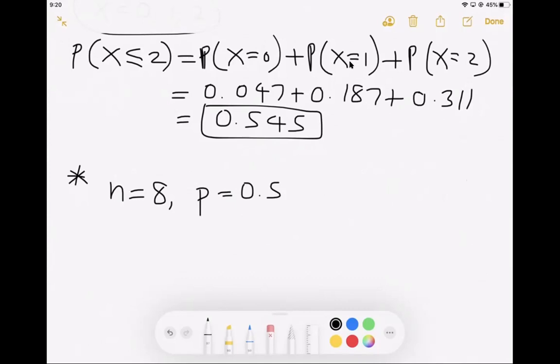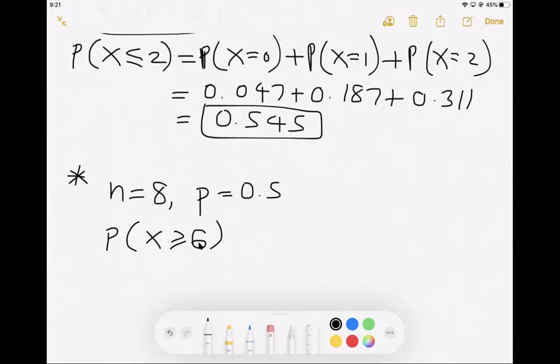Then find the probability of passing if the lowest passing grade is 6. The lowest passing grade is 6, which means it can be 6, 7 or 8, not only 6. If we have 6 correct answers out of 8, you will pass.